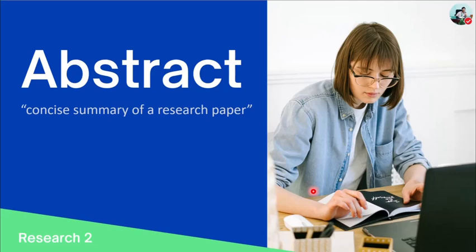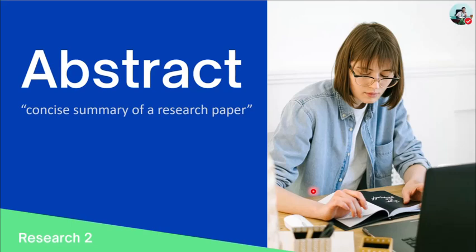The third one is indexing and database searching. Abstracts are used by academic databases and search engines to index and categorize research papers and make it easier for researchers to find relevant sources. An abstract typically includes the following components, as I discussed earlier.